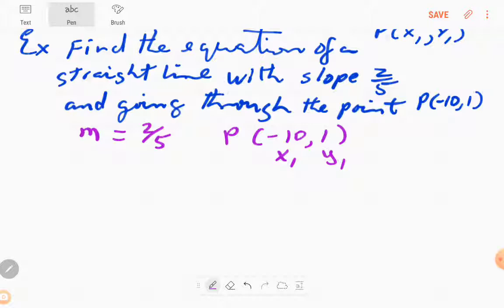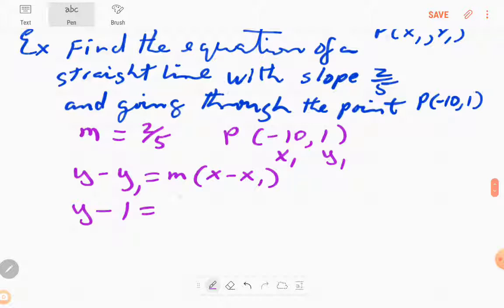So using the point slope formula, we'll have y minus y sub 1 is equal to m times x minus x sub 1. Now substituting in, we'll have y minus 1 is equal to 2/5 times x. Now the minus comes from the equation, but we have a negative coming in from the x value itself also.